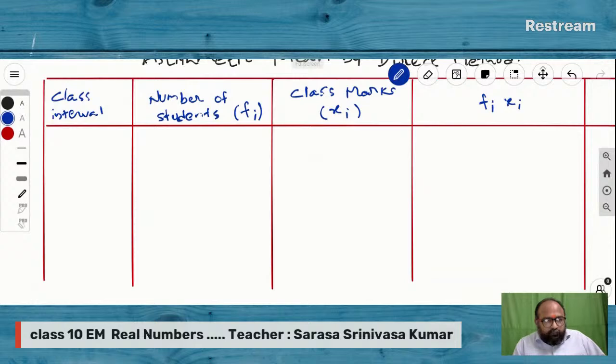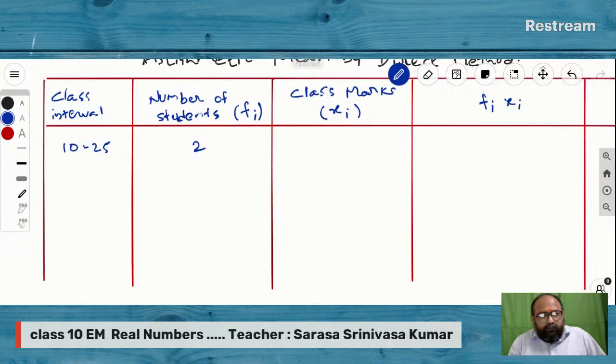Now first class interval is 10 to 25. This is the class interval. Number of students 2. So class marks xi equal to upper class limit plus lower class limit by 2.